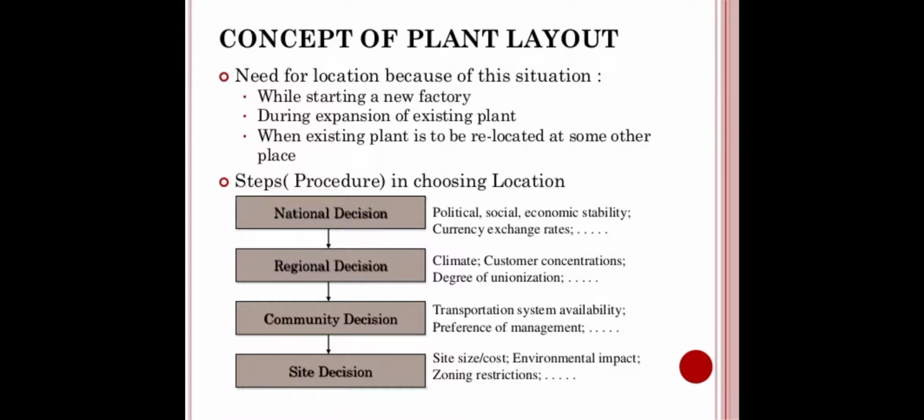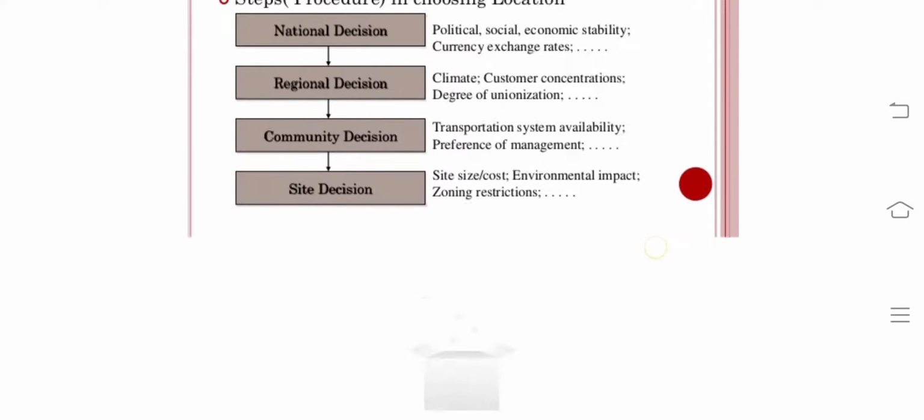Now the layout, because we are talking about the location and layout simultaneously, because they go together. For the selection of the location, we need the area that is best for the layout.